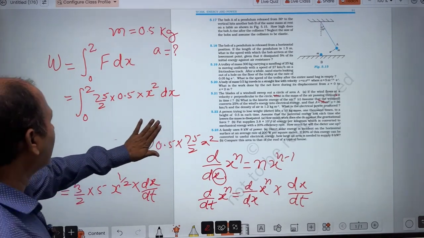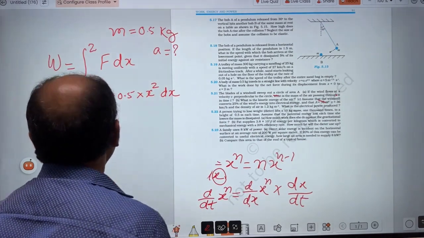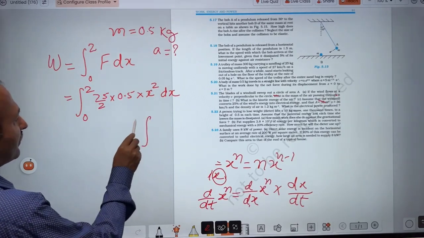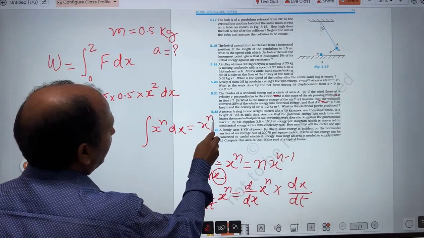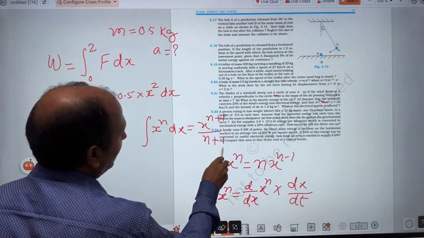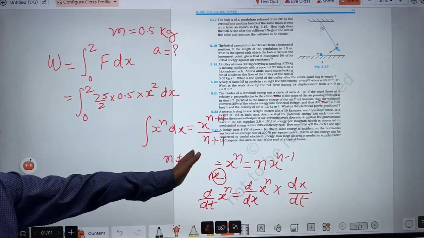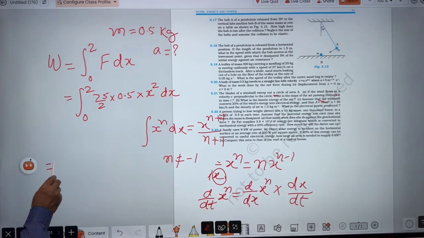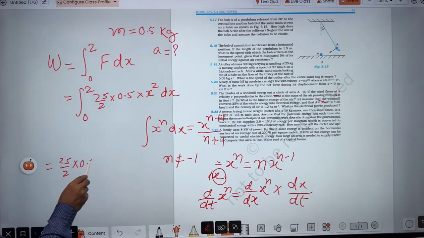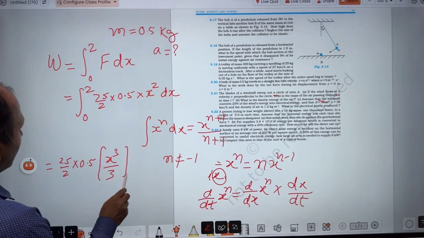Now one thing you can do, if you remember integration. So what is the concept of integration? Integration of x power n dx gives x power n plus 1 divided by n plus 1, provided n does not equal minus 1, because in that case the denominator will become 0 and that is not allowed. So here that formula can be applied. So this is 75 by 2 multiplied by 0.5 into x cube by 3, and then limits 0 to 2.